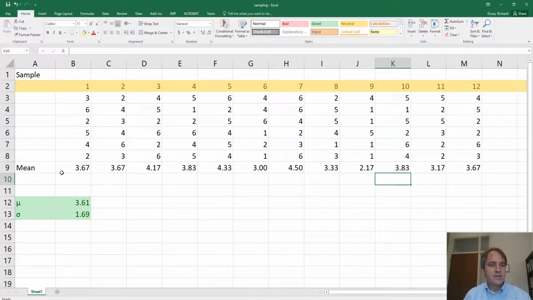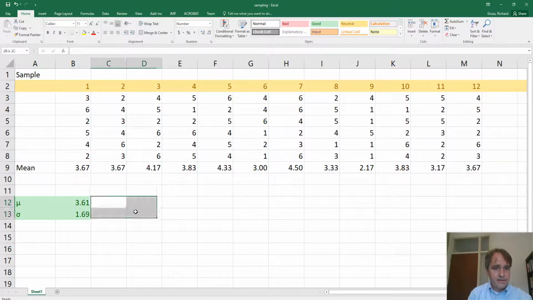What would be interesting to us over time is, let's think about what would be the average of the averages. Okay, so let's do this over here. We put population parameters here, and we're going to put in red our sample statistics, right?